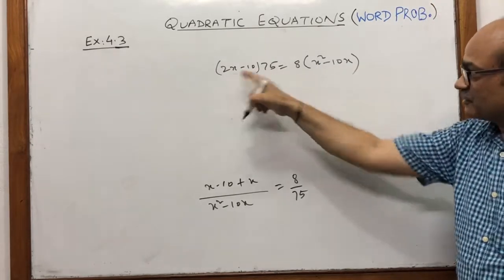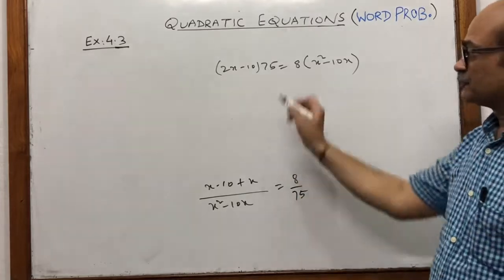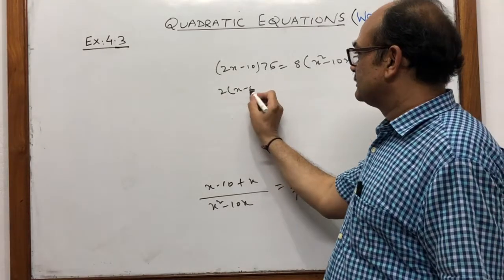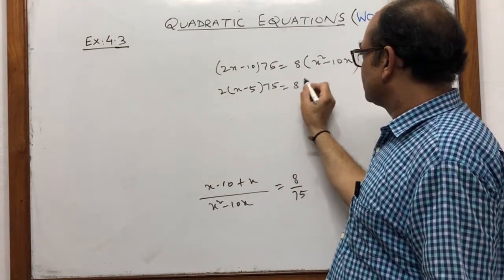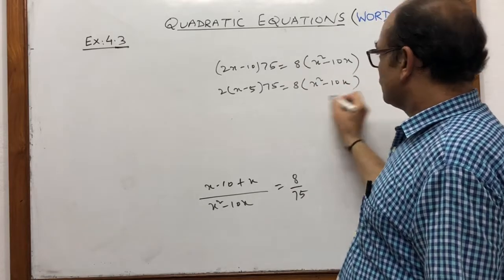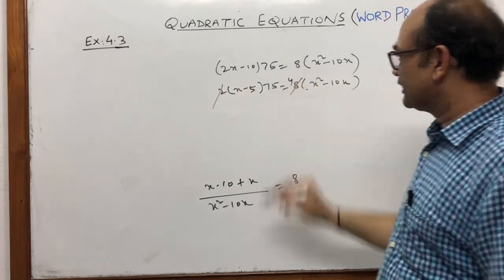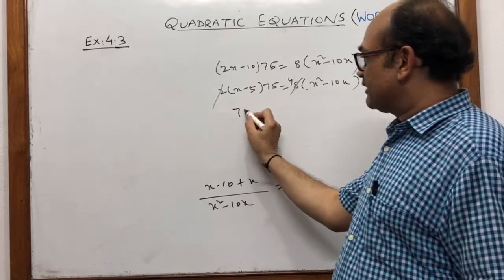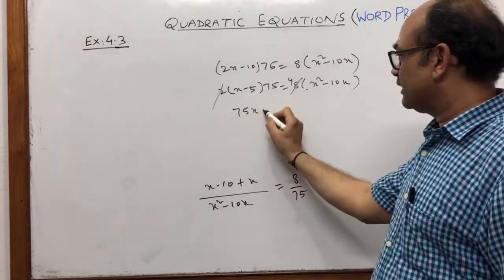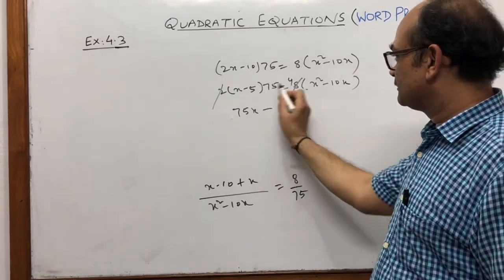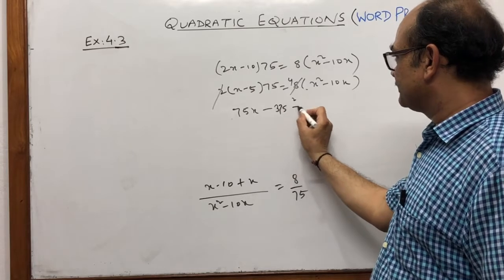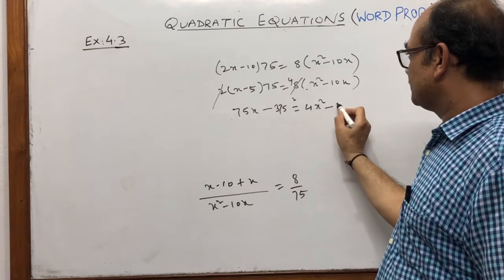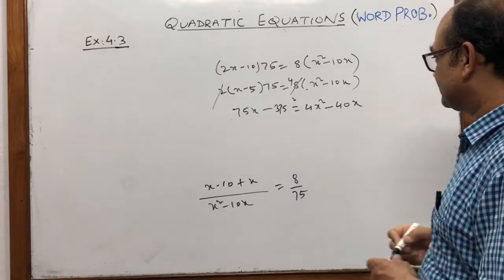Now let's see if anything is common here, then cut it. So here what is common? Cut it to make it easier. 75x minus 375 equals 4x square minus 40x.